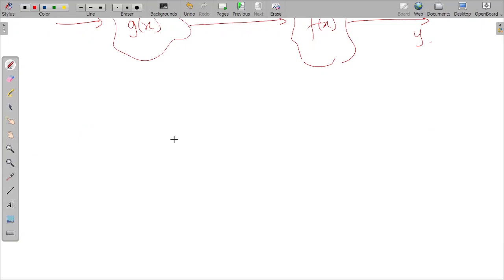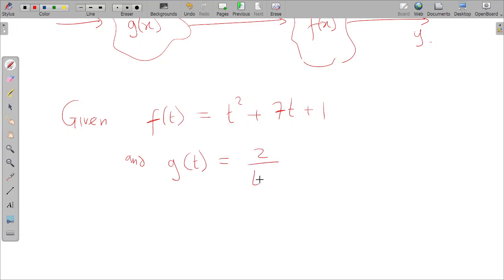Now we want to do this. So given f of t equals t squared plus 7t plus 1, and g of t equals 2 over t minus 1, then we want to find f of g of t.